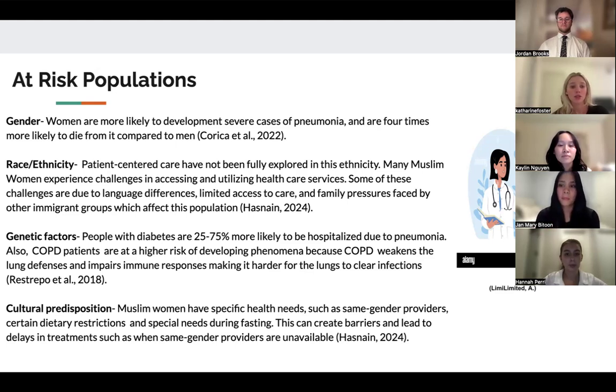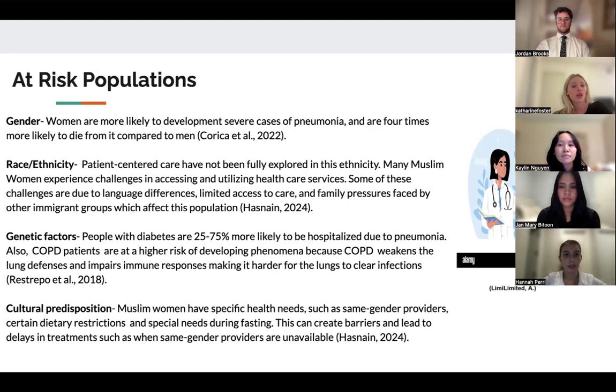And then going into cultural predisposition, Muslim women have specific health needs such as same-gender providers, dietary restrictions, and special needs during fasting. So due to their particular religious and cultural beliefs, Muslim women face barriers in accessing and utilizing healthcare.